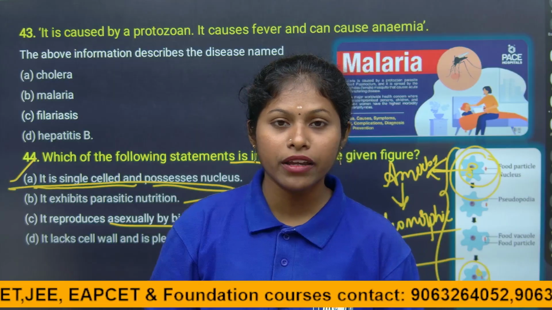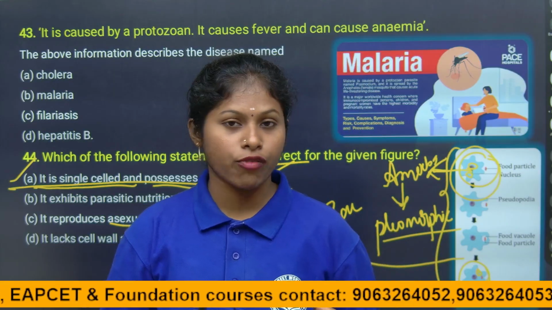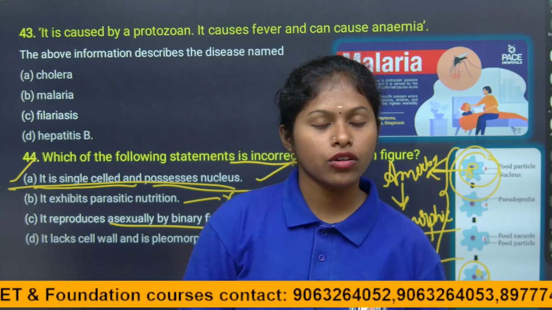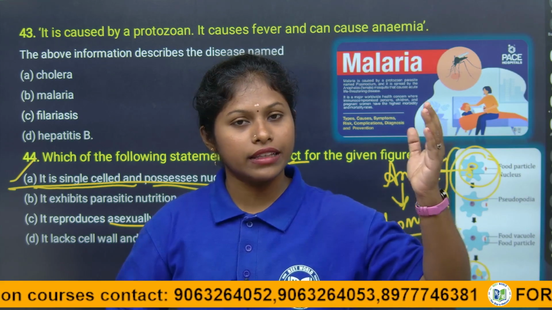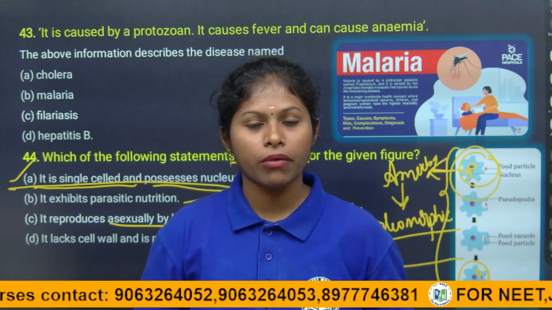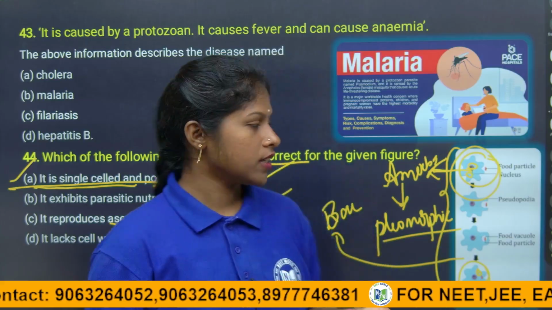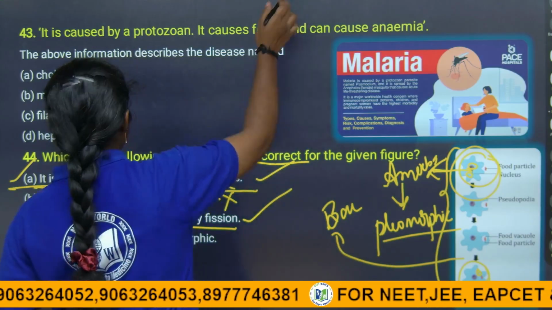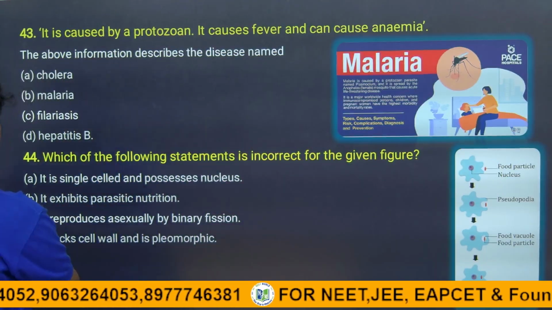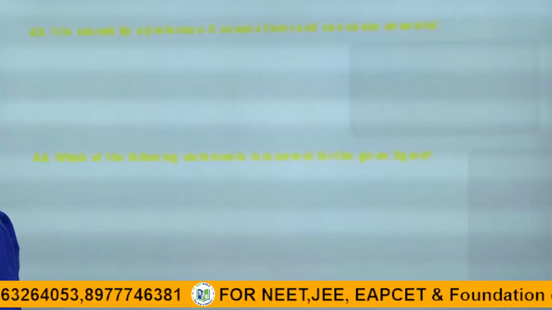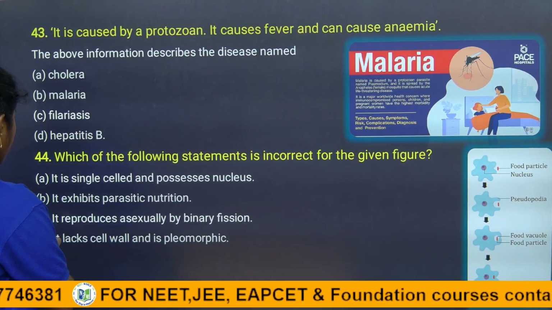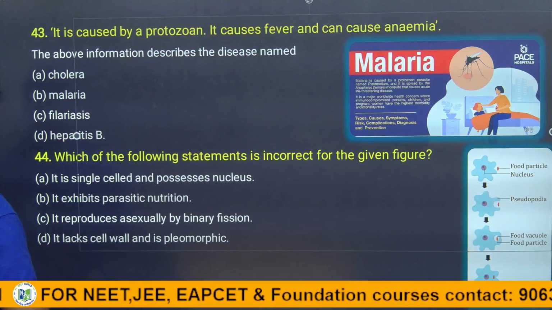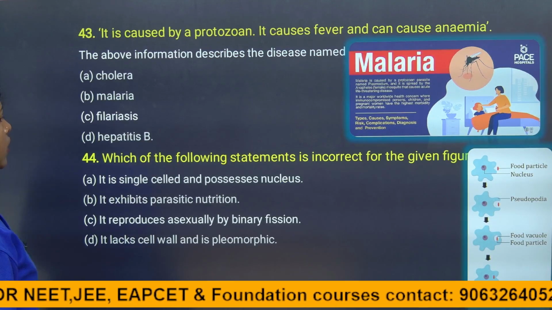The parent does not exist while it is forming the daughter cells. Two identical daughter cells are formed, but the parent does not exist, right? So it reproduces asexually by binary fission. Is there an involvement of gametes? No, there is no involvement of two parents. So it exhibits asexual binary fission.